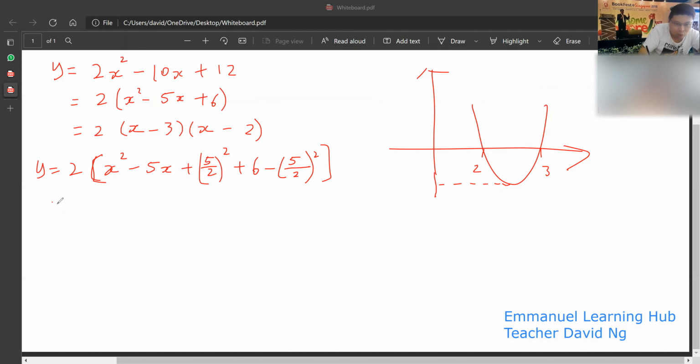So you see, if I had to complete the square, right? a squared minus 2ab plus b squared is a minus b in a bracket squared. Minus 5 over 2 in a bracket, and you square it, you get minus 1/4.